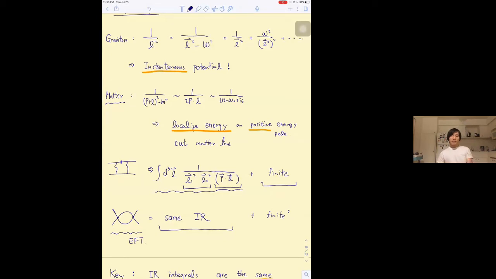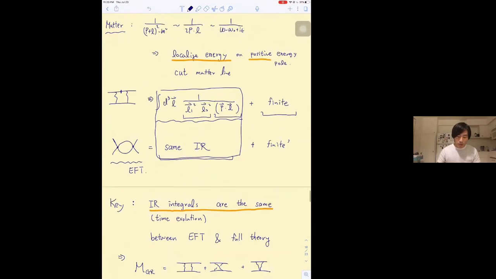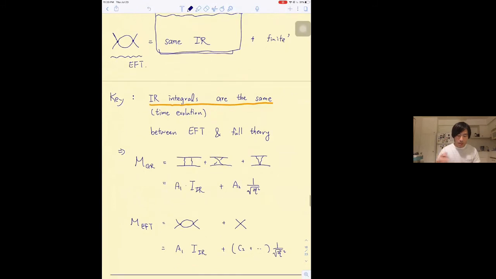The key insight here, and this is a question also asked earlier, is how do we cancel the divergence? We can see that this IR divergent integral should appear with exactly the same coefficient in the EFT and the full theory. So once we compare between GR and the EFT, we see that this IR divergent integral comes with the same coefficient.